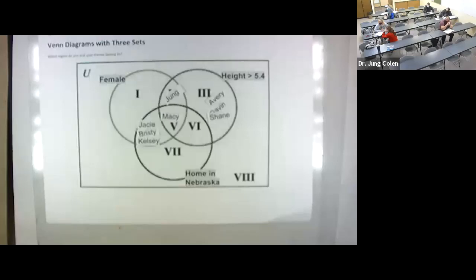Okay, so let's do the parentheses first, B and C. Who are in B and C? Just Lacey. Just Lacey. So we need to take away Lacey from A. We know we have A, all the girls, right? All of us, except you three.